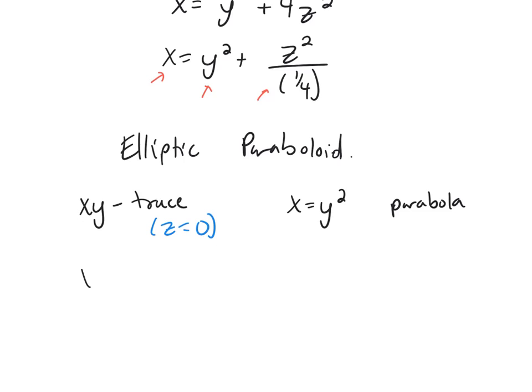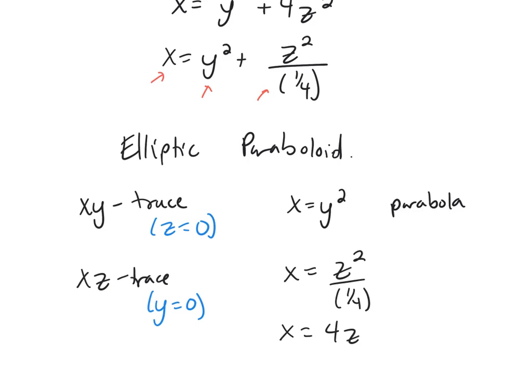The xz trace corresponds to y equals 0. If I plug in y equals 0, you'll get x equals z squared over 1/4, or I could write this as x equals 4z squared. This is also a parabola.